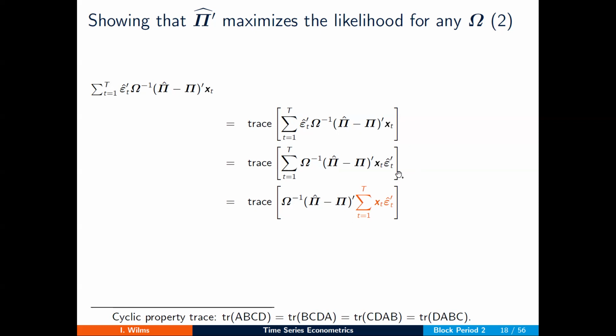On the next line, I then take the matrices that do not depend on t in front of the sum, and I'm only left with the cross product of the predictors and the residuals. Now, since these are the residuals from an OLS regression, they are by construction orthogonal to the explanatory variables. That's exactly as set up under the first order condition. So this cross product is indeed 0, and hence the entire term is 0.